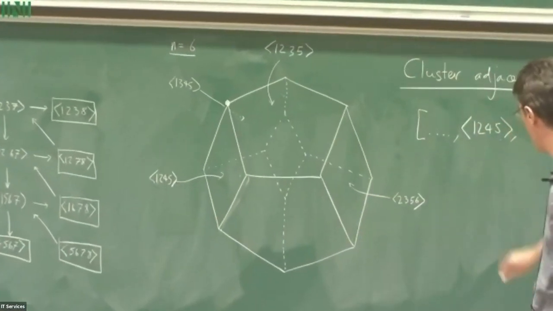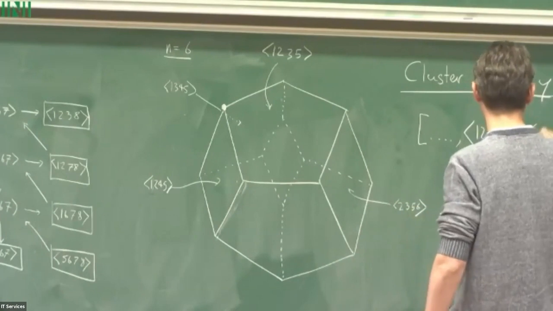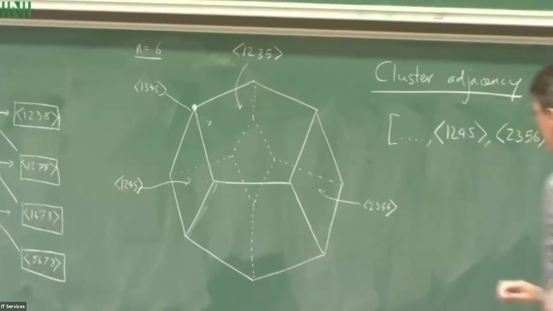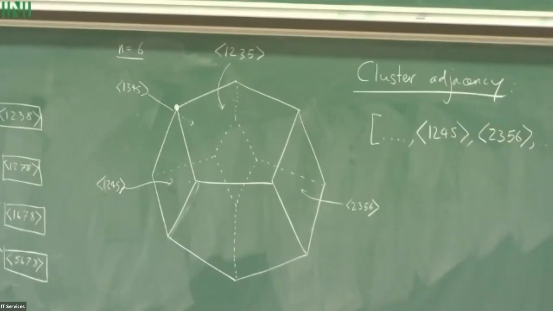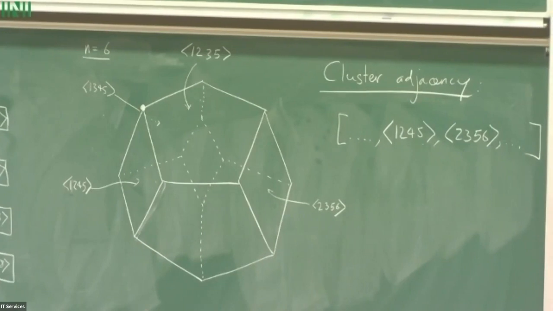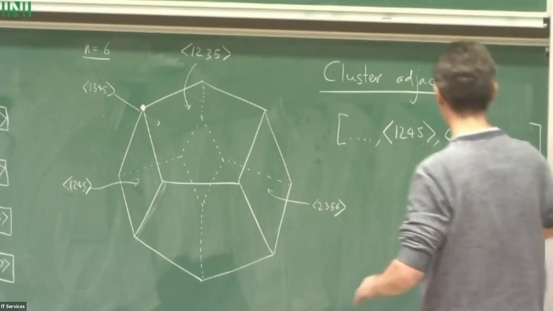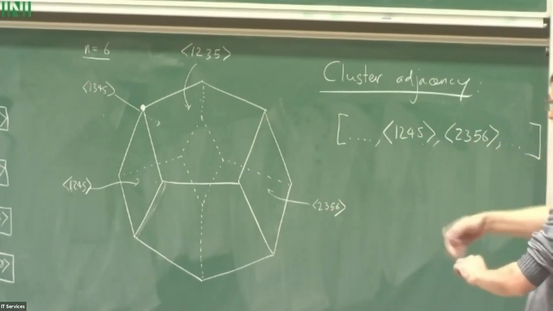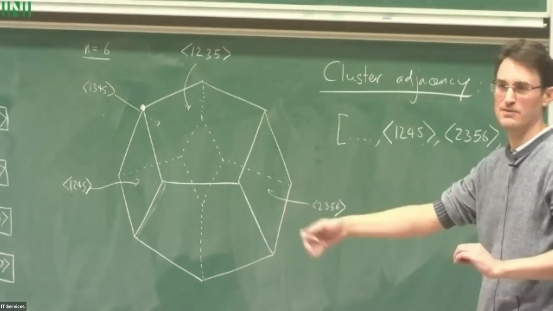And then next to it, I cannot put 2, 3, 5, 6. So those two square faces will never show up adjacent to each other in the symbol of one of these scattering amplitudes. The absence of that pair is saying something about consecutive discontinuities of the function.